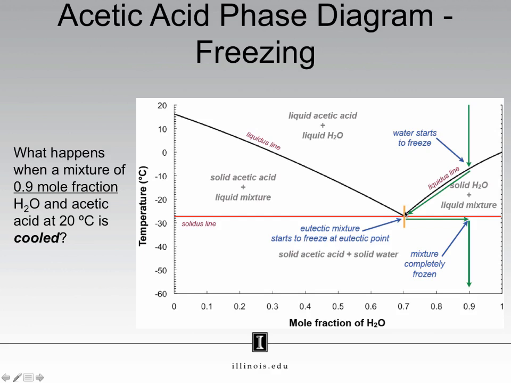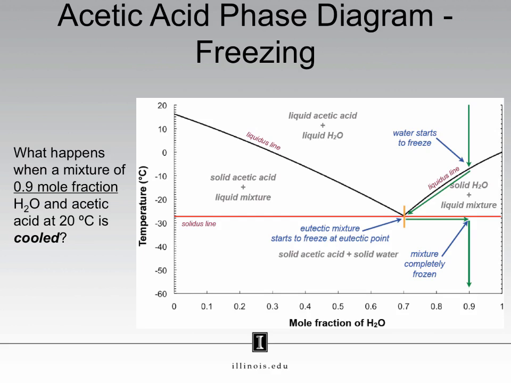Once the liquid left behind is a eutectic mixture, both water and acetic acid begin to freeze simultaneously, and they freeze in a eutectic ratio. This continues until the entire sample is frozen, at which point the temperature simply falls as we continue cooling the sample. This was an example of freezing.